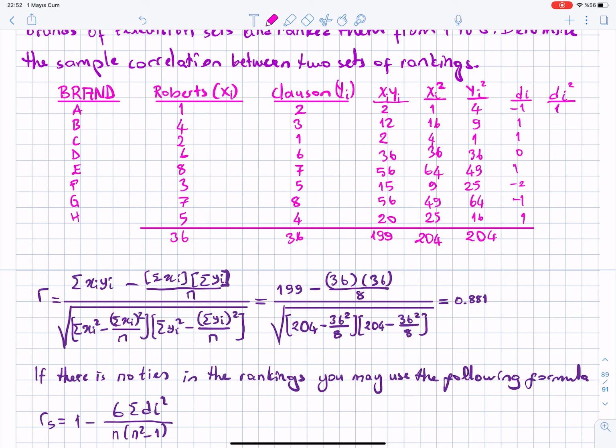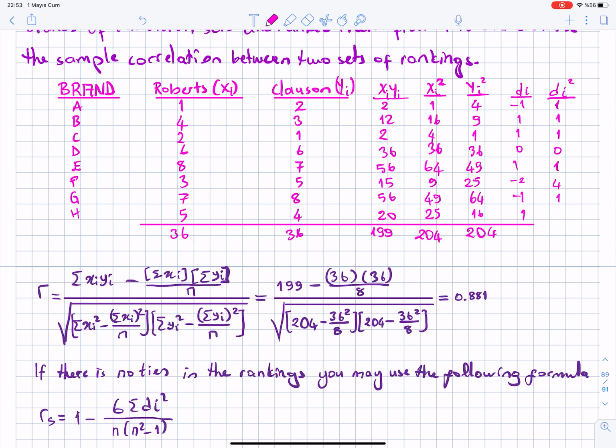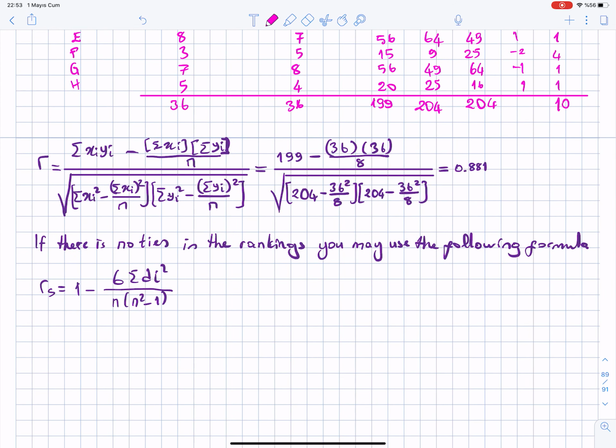The squares are 1, 1, 1, 0, 1, 4, 1, and 1. So the sum of di squared becomes 10.